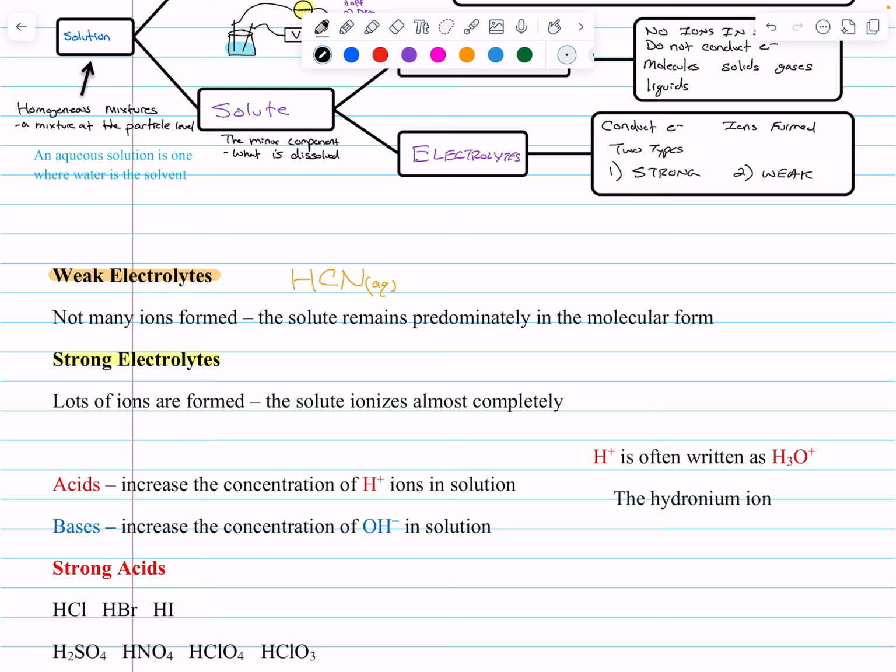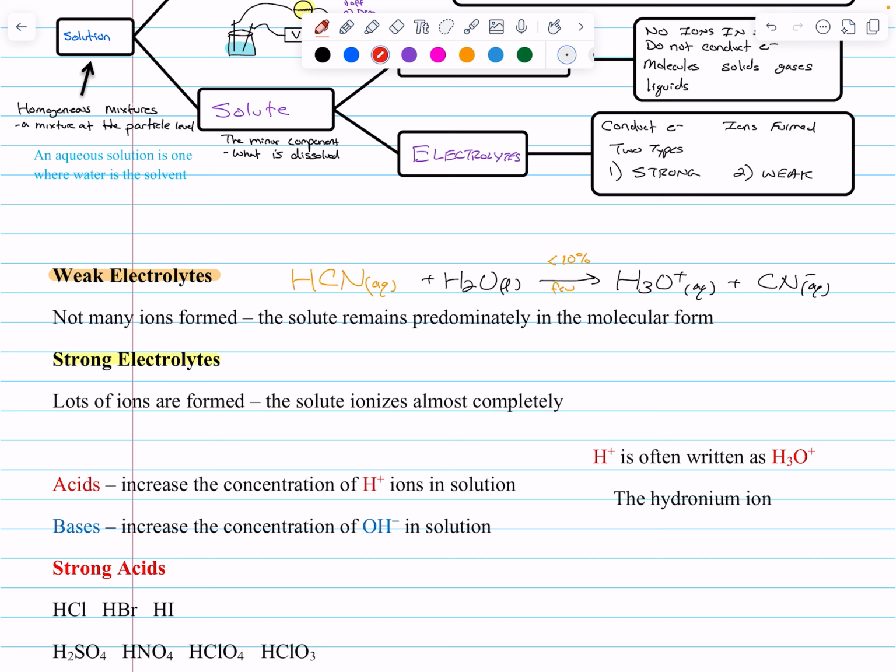If it reacts with water, you get H3O plus and CN minus. Weak is usually less than 10% going over, sometimes a little bit more, but roughly less than 10%. Very few go over. We'll put few down.